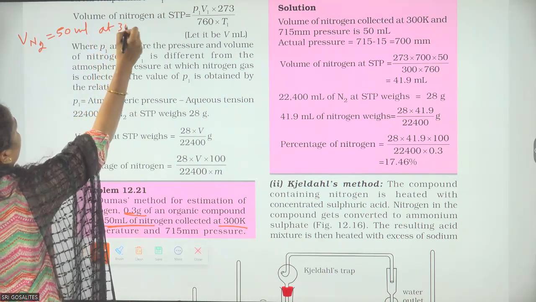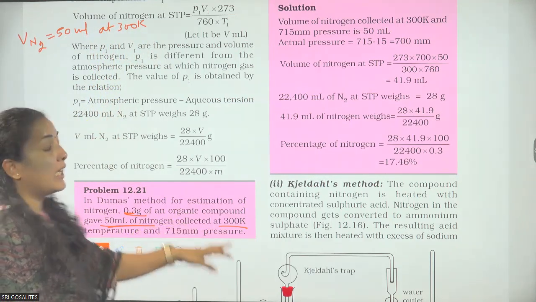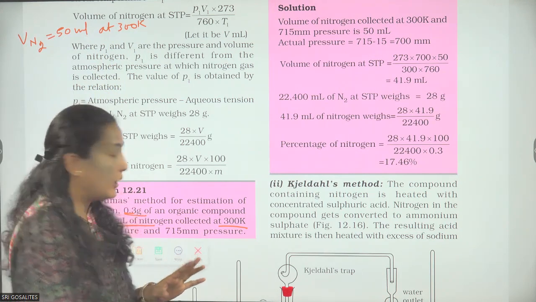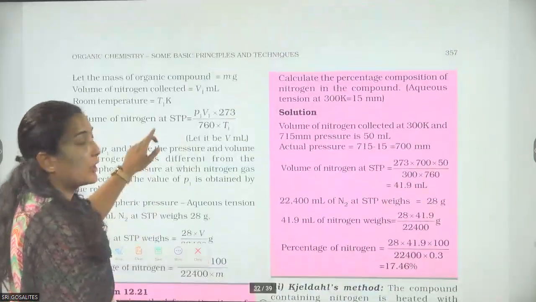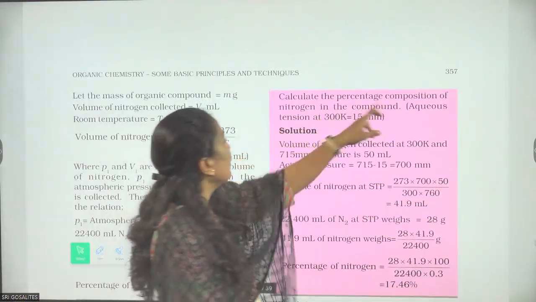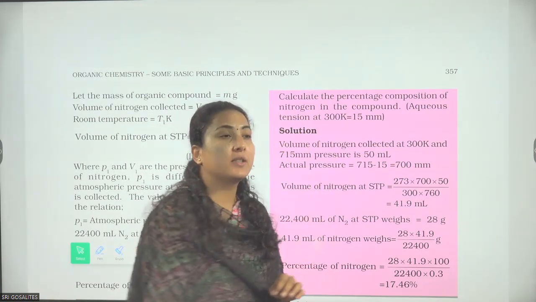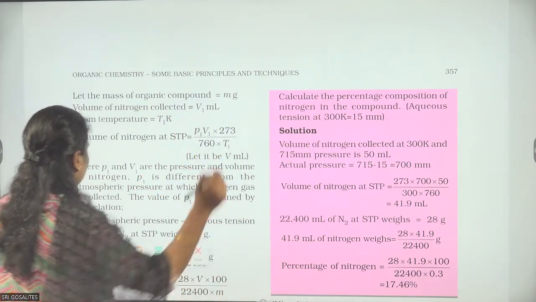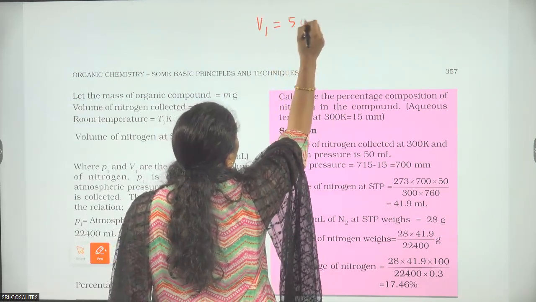The volume is 50 ml at 300 Kelvin, and the pressure is 715 mm, which will be of the moist nitrogen. Calculate the percentage of nitrogen in the compound; they have given you aqueous tension also. First, the volume of nitrogen collected is 50 ml.